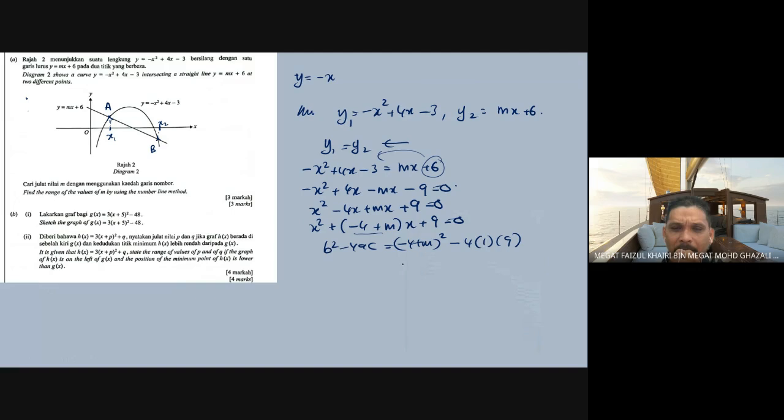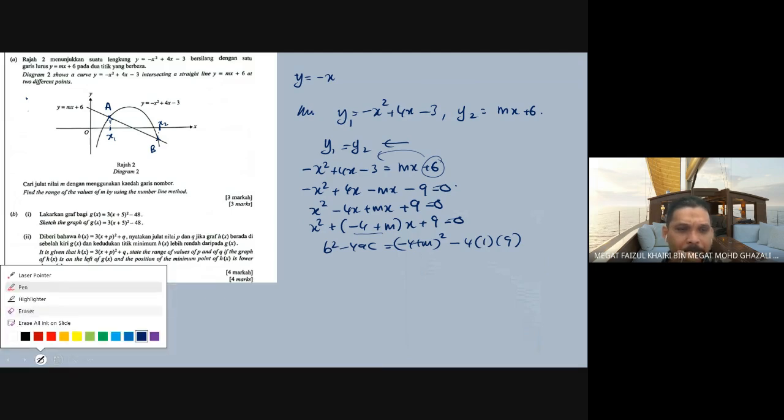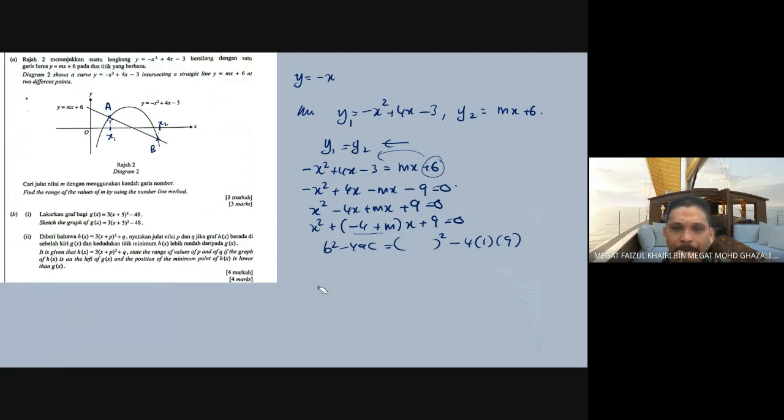Okay, so then this is m minus 4, squared, minus 4ac, which is greater than 0.